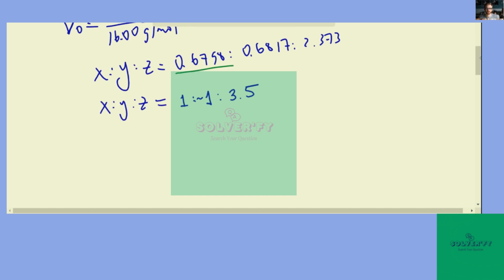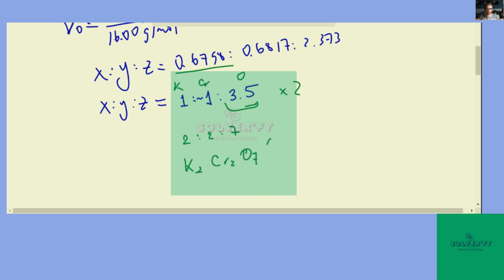So here we have the ratios, and as we see, oxygen is not an integer. Therefore, we have to multiply by 2. Then we have the ratio numbers 2, 2, and 7, and the formula is K2Cr2O7.